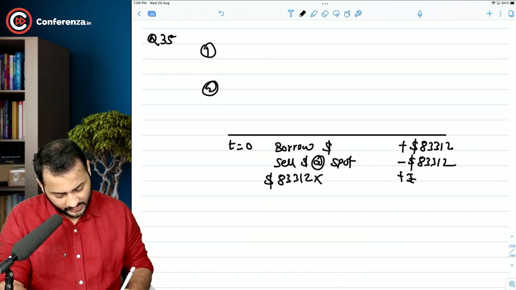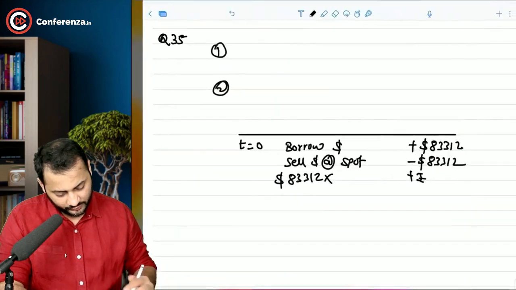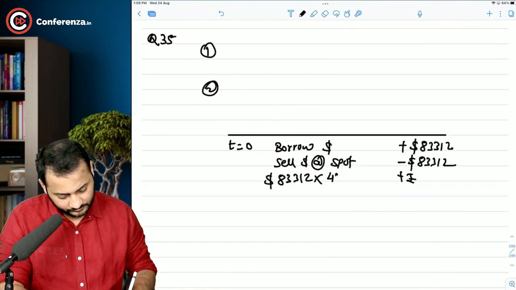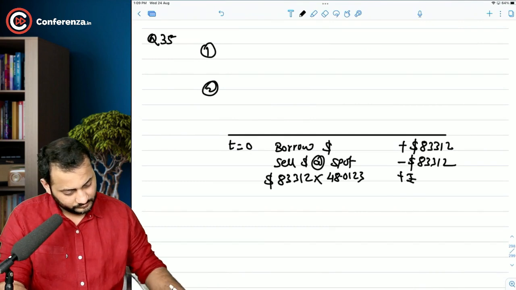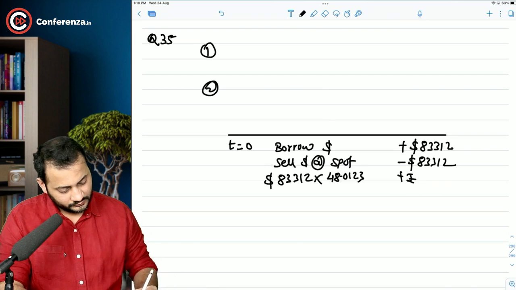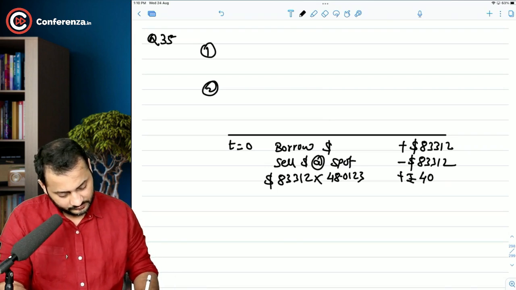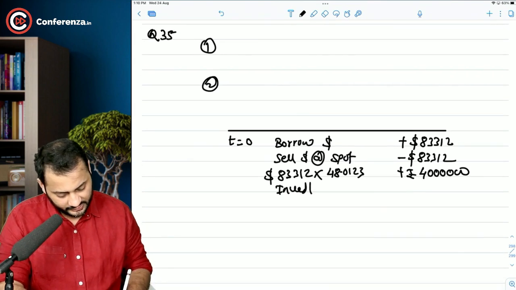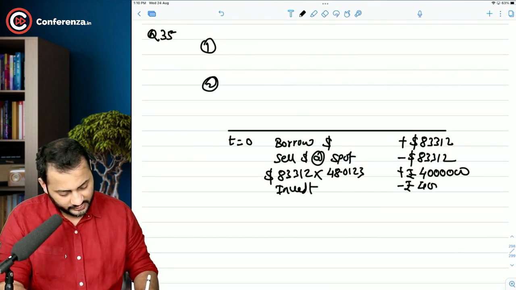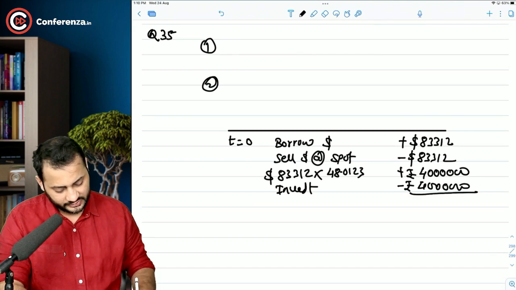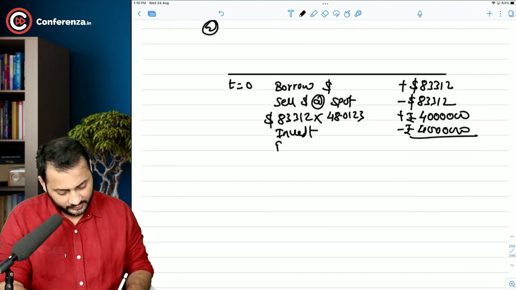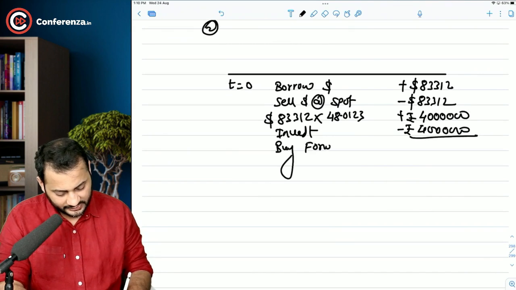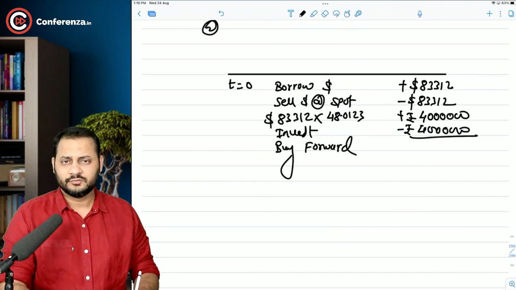So $83,312 at spot rate of 48.0123 comes to 40 lakh. Okay, and we are going to invest that in India. Am I right? What else am I expected to do for 6 months? And again, I will buy forward because I want to buy dollars at the end by selling rupees. I will buy forward for 6 months. So these are the transactions that I'm going to do.